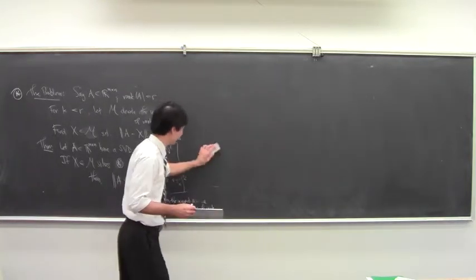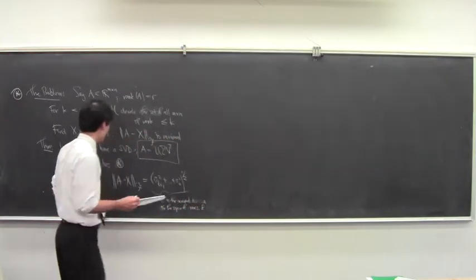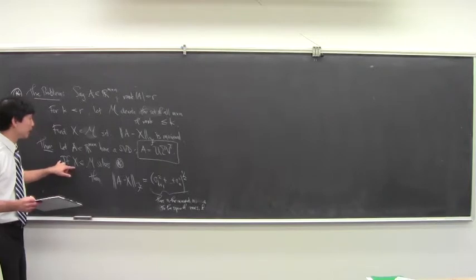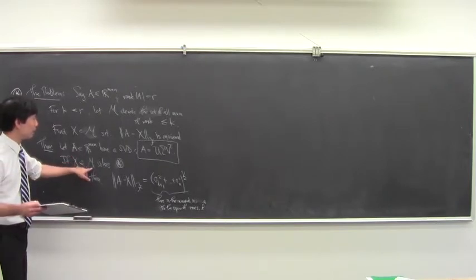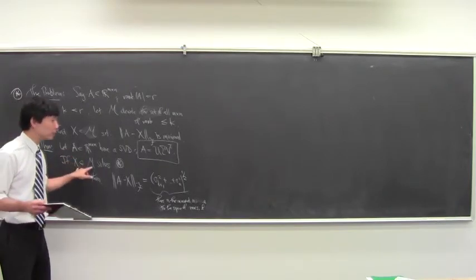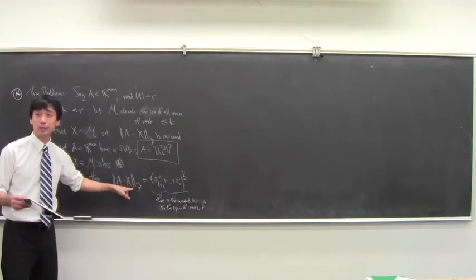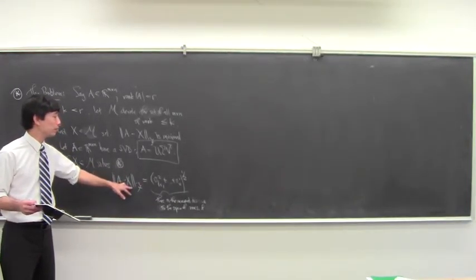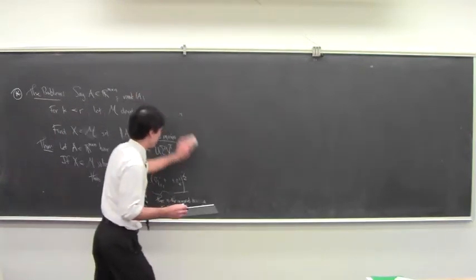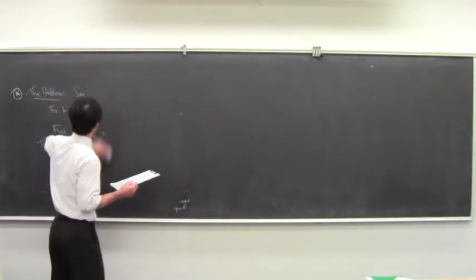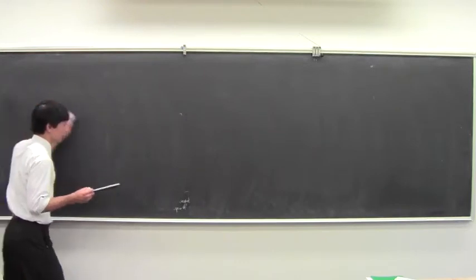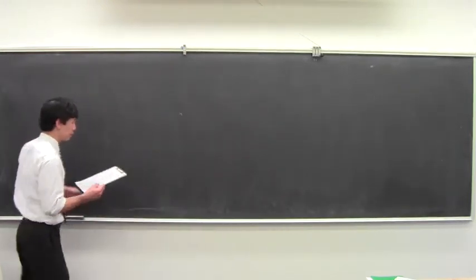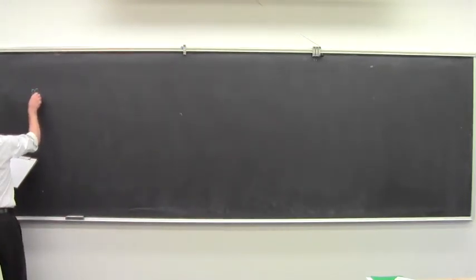That's me. Okay, so here's the thing that we're trying to prove, right? If there's a solution, then this is the distance of A to that solution. Here's the proof.